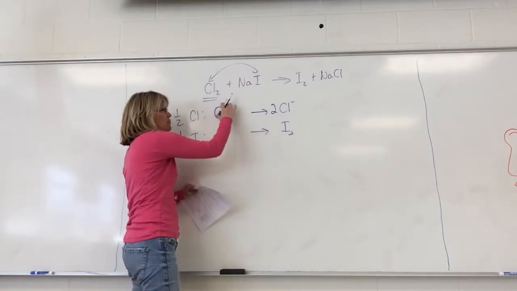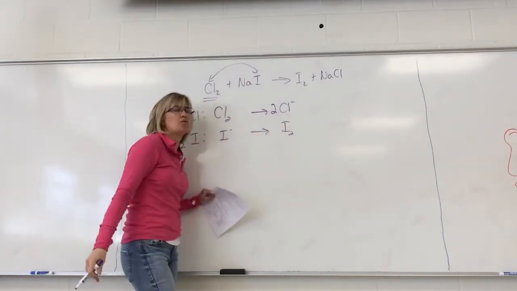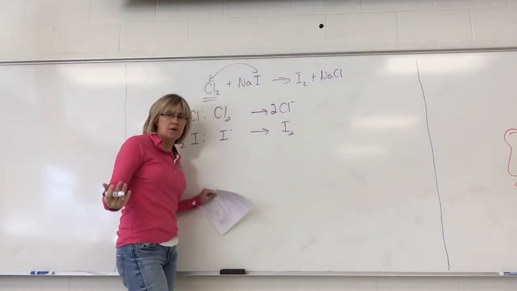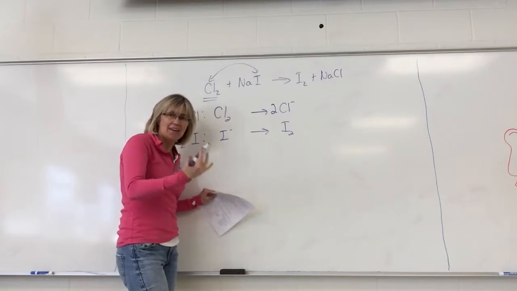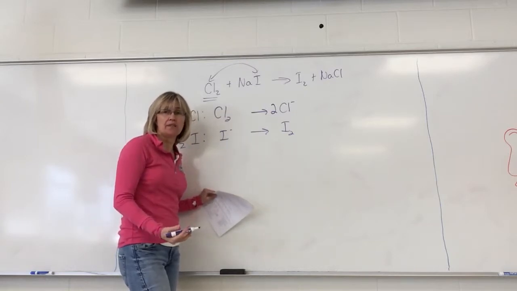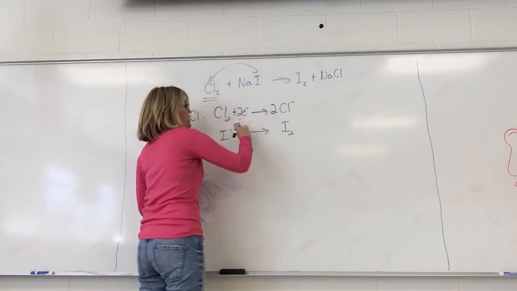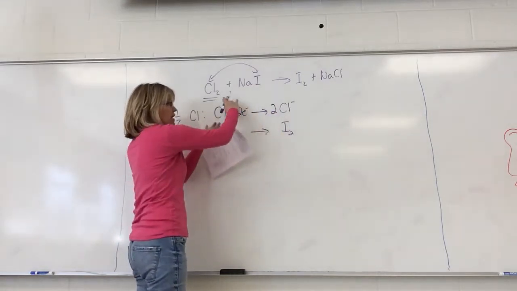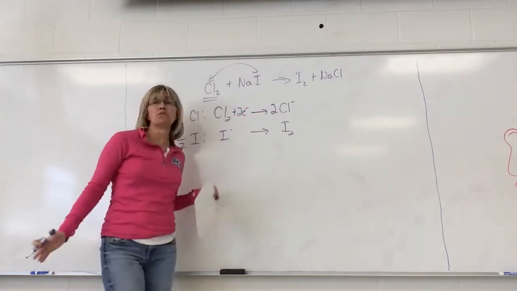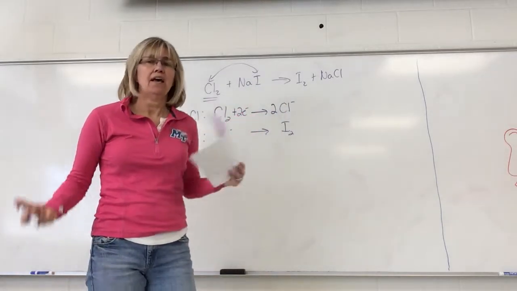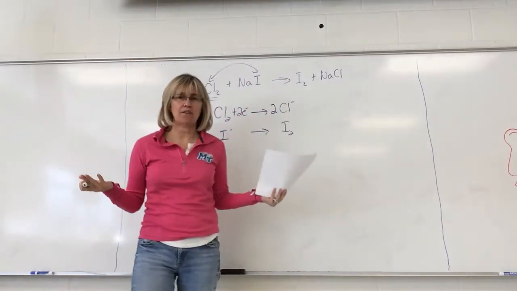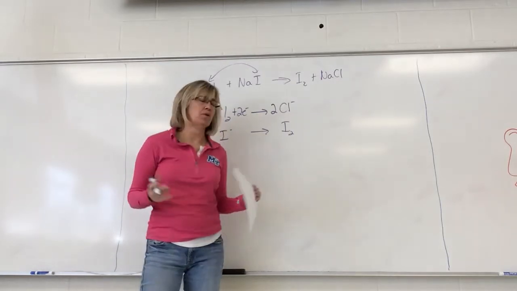Well, this went from a 0 to a -2. The only way that we can balance charge is by adding electrons on one side or the other. This picked up 2 electrons, and so now I've got a -2 on this side and a -2 on that side. The charge has to balance; we don't have to have both sides be 0.